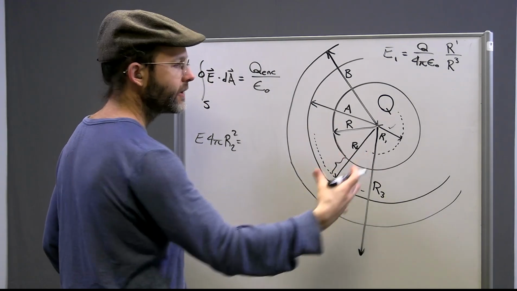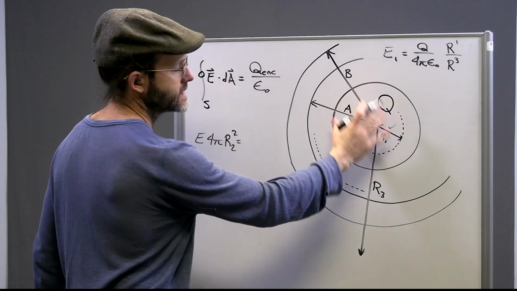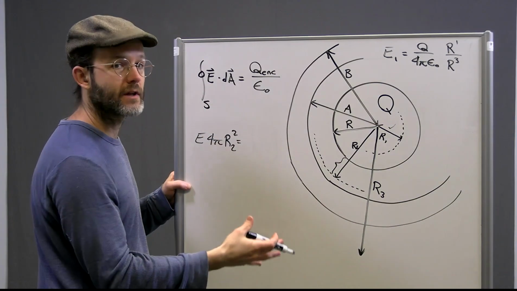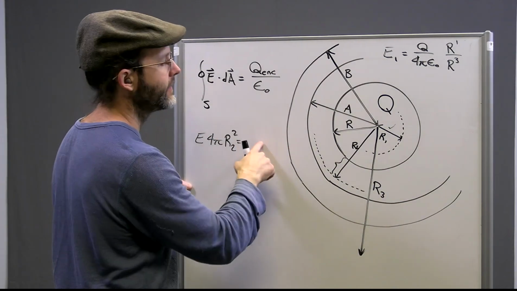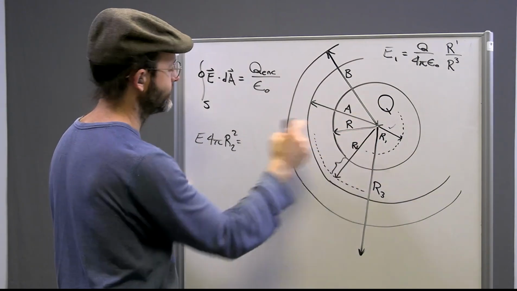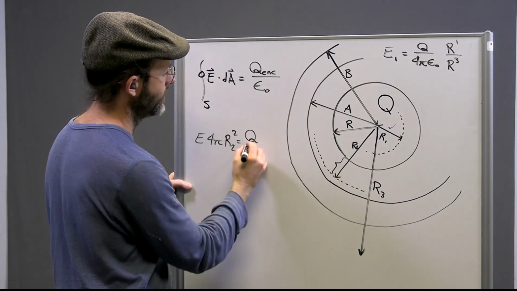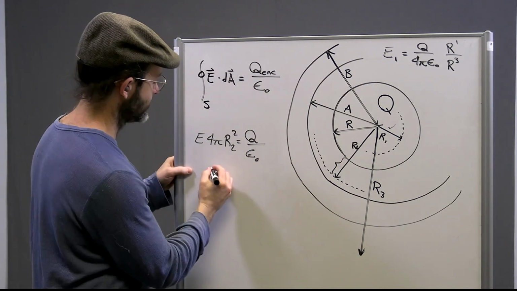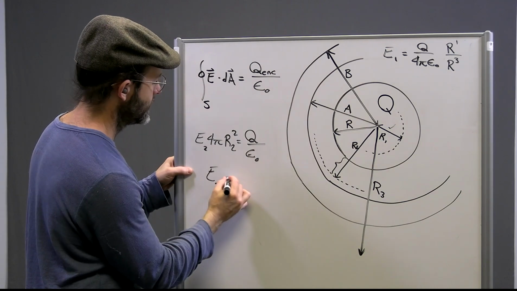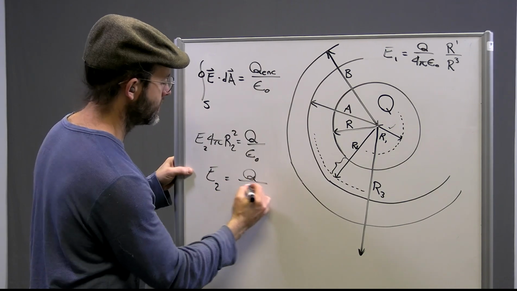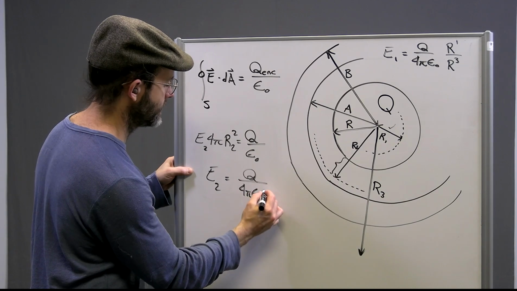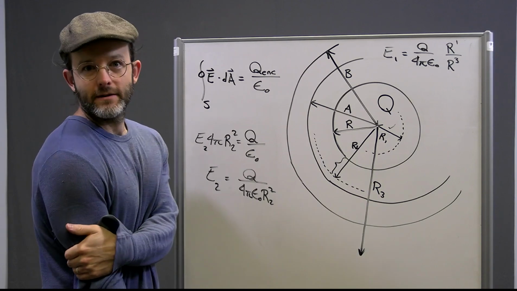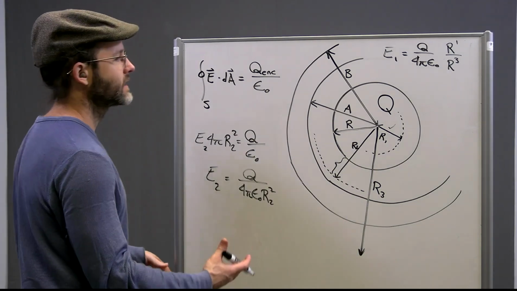That means that all the charge enclosed is just what is contained inside our conducting sphere, and that is Q. So the steps actually simplify here. Rather than need to find a partial amount of this charge, we simply have Q over epsilon naught. And we can rearrange and go right to our solution, that E2 is equal to Q over 4 pi epsilon naught R2 squared. Well, all right, that was easy, at least simpler than the first part of this problem.